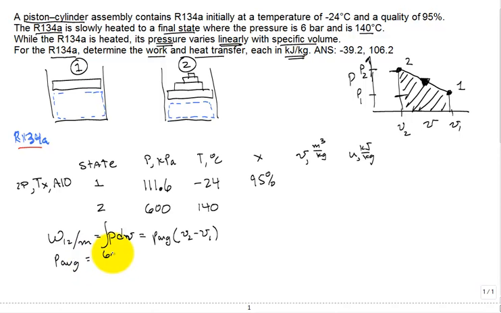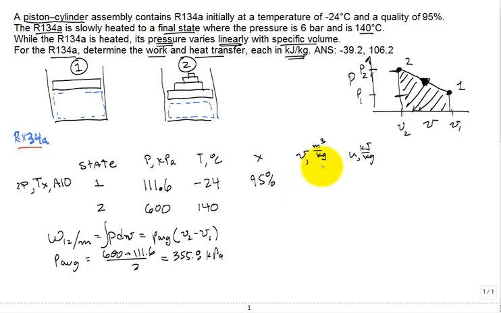That's just the 600 plus 111.6 divided by 2, and we come in with the average pressure of 355.8 kilopascal. Well, we have to get the specific volume initial right here.